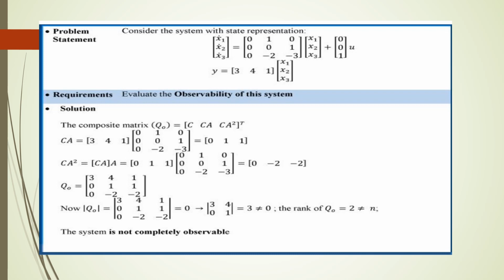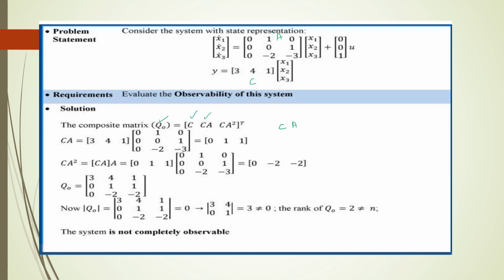Now we will see the solution for the problem. This is the Q naught, so this is actually what we need to find: C, CA, CA square, and the whole transpose. So now we find what is C. This is your C and this is your A. Initially, we need to find CA, because we have C already in the question.